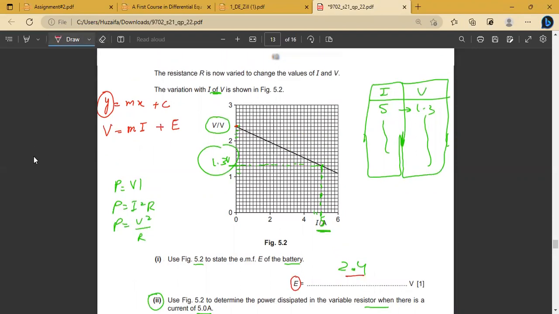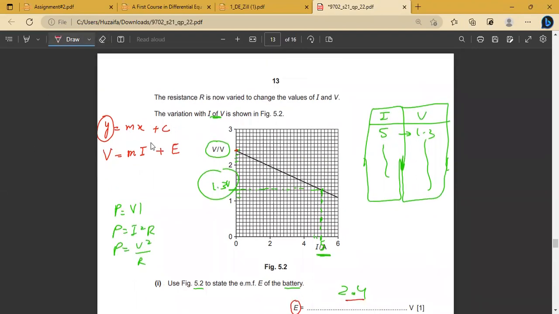If you remember the equation for calculating the potential difference across my battery, what was that? V equals E minus Ir. Remember that equation? Whenever there is an internal resistor in my battery, some of the EMF is lost due to the internal resistor. So the voltage across my battery becomes the EMF minus the potential difference across my internal resistor. So this was my equation.